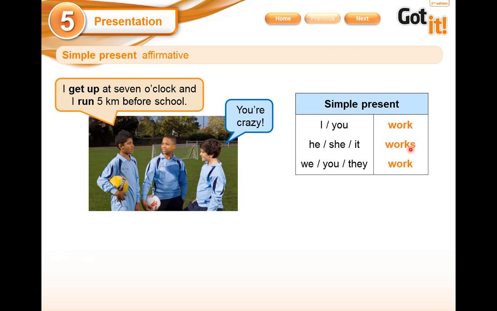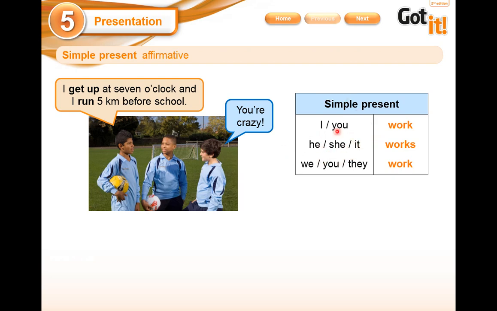The verb changes, okay. Como mencionaba, para el pronombre de primera y segunda persona y para sustantivos plurales se usa el verbo tal cual, en verbo base. ¿Qué quiere decir verbo base? El verbo tal cual como lo conoces. Pero cuando el pronombre es singular, ya va a cambiar.